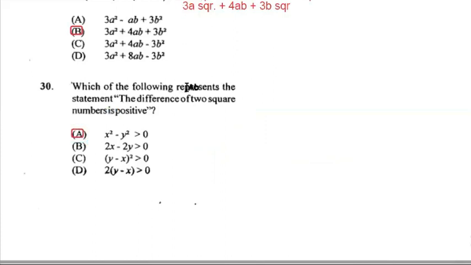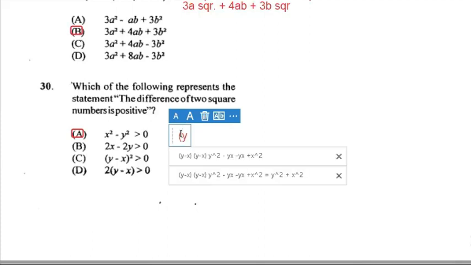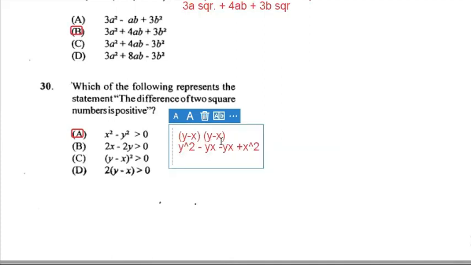Students sometimes make the mistake of putting C as the answer, but should you work out C, it is saying y minus x multiplied by y minus x. So it is y minus x multiplied by y minus x, and then this is what you can say.